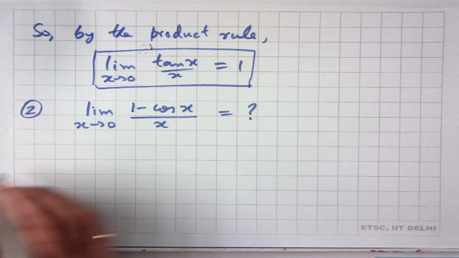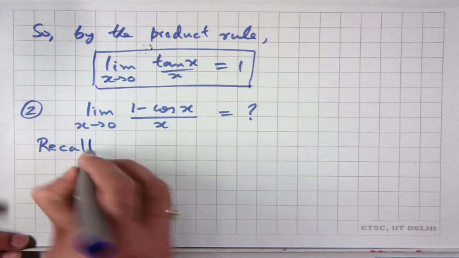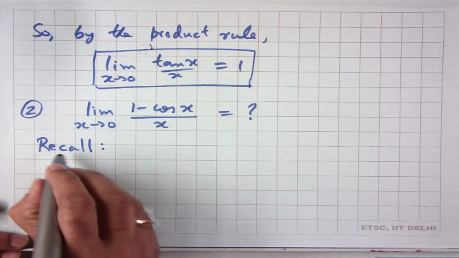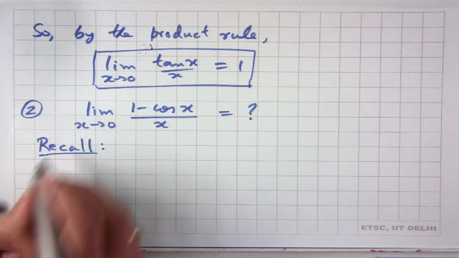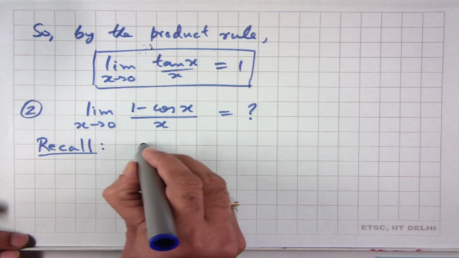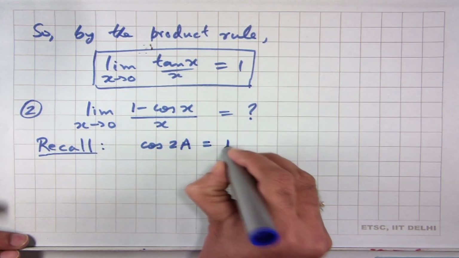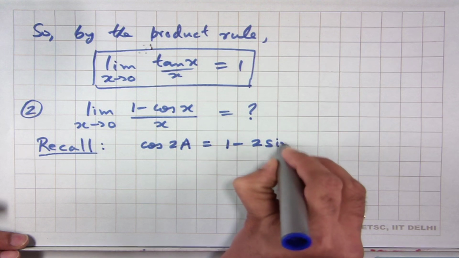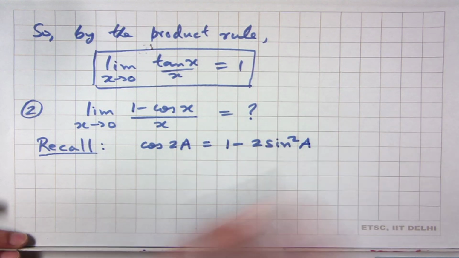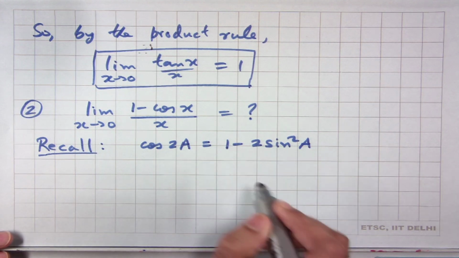So, recall from trigonometry, we can express cos of an angle in terms of sine of half of the angle, right. So, cos of 2a is cos square a minus sine square a, which is equal to 1 minus 2 sine square a.